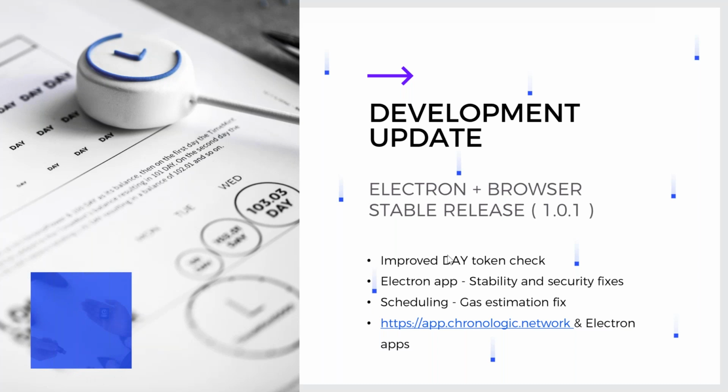There have been a couple of stability and security fixes to the Electron dApp, and of course, a small fix to the scheduling estimation app. You can find all of these links on our GitHub page, and of course on app.chronology.network and on all of the Electron apps. I'll hand it back to you, Logan.